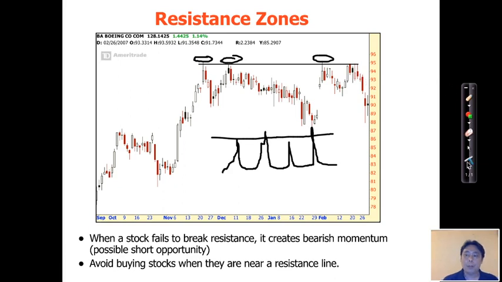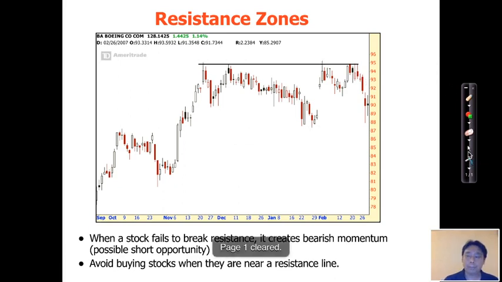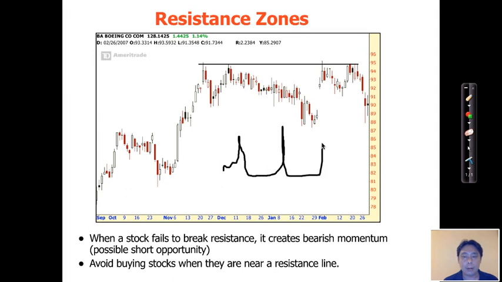Okay, so how would we draw a level of resistance? What you do is, again, look at the price candles, and if you notice the candle going up, coming down, going up again, coming down, going up again, coming down, and you notice, hey, it tends to be stopping at this level of 87.